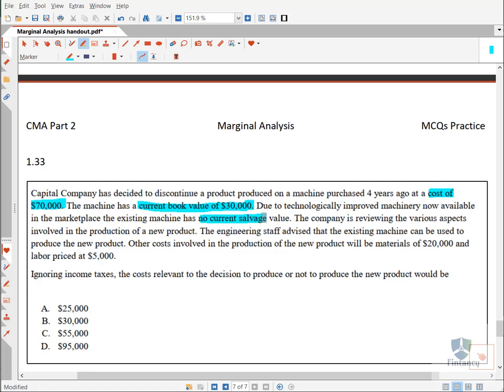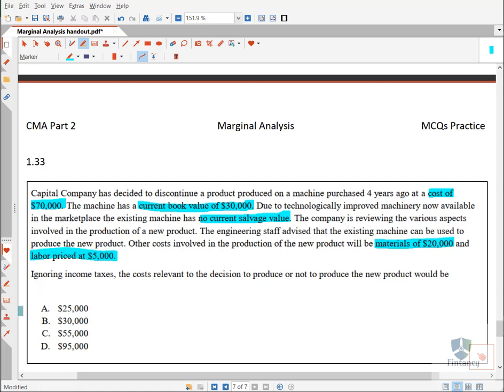The company is reviewing the various aspects involved in the production of a new product. The engineering staff advised that the existing machine can be used to produce the new product. Other costs involved in the production of the new product will be material of $20,000 and labor priced at $5,000.